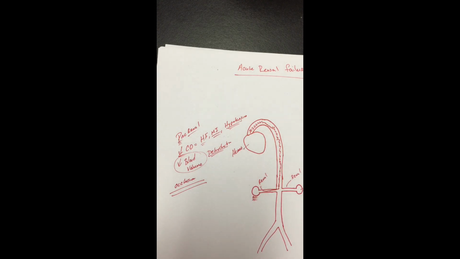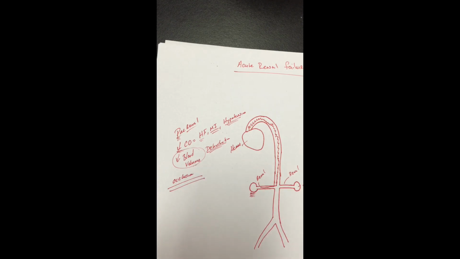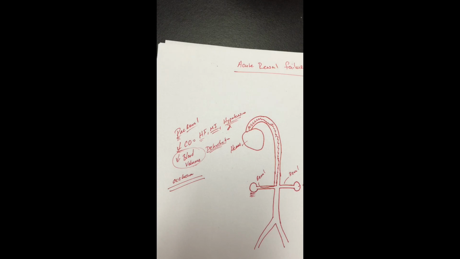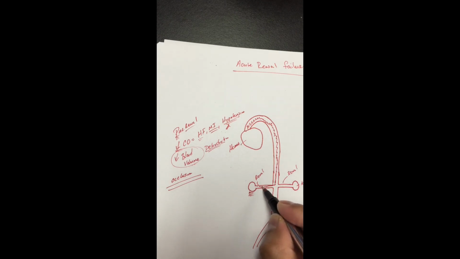Maybe this is an athlete who's been in the sun for too long, has been sweating a lot of fluid, losing blood volume due to fluid loss. The result will be hypotension, and again, not enough blood supply to the kidneys.